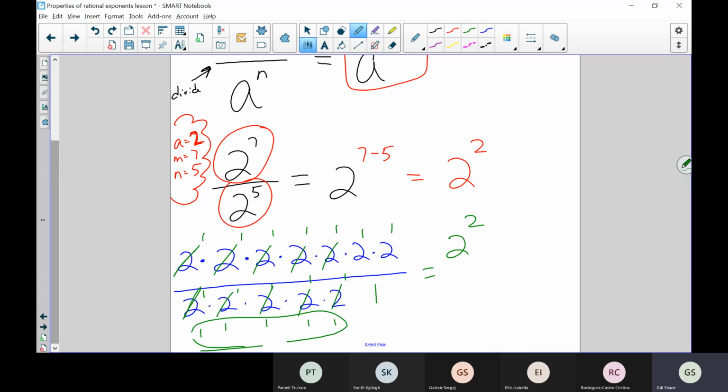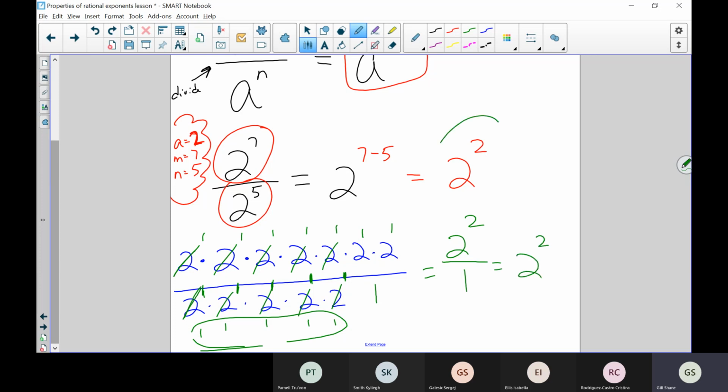When you cancel out the terms, the whole term goes to 1. It's not an exponent. 2 divided by 2 is 1. That's why I'm writing the ones down below. These green numbers here, these are the exponents. But again, 2 divided by 2 just becomes 1, so that's why I wrote those ones on the bottom. So that would be equal to 2 squared.